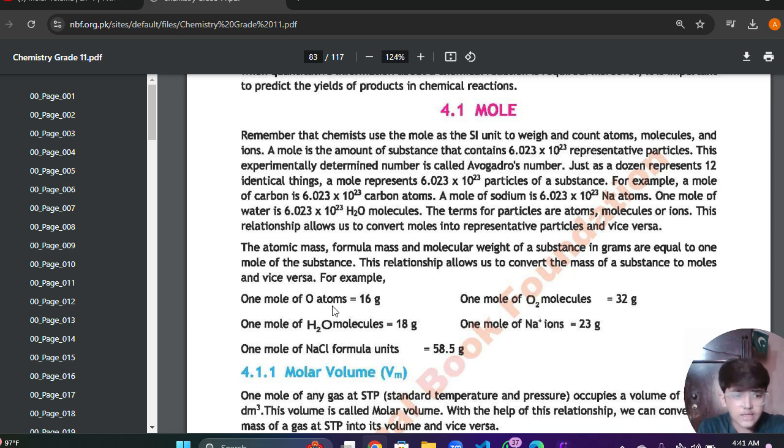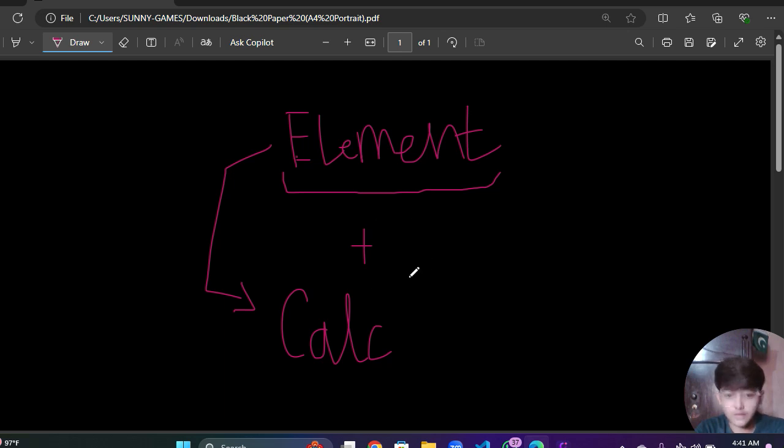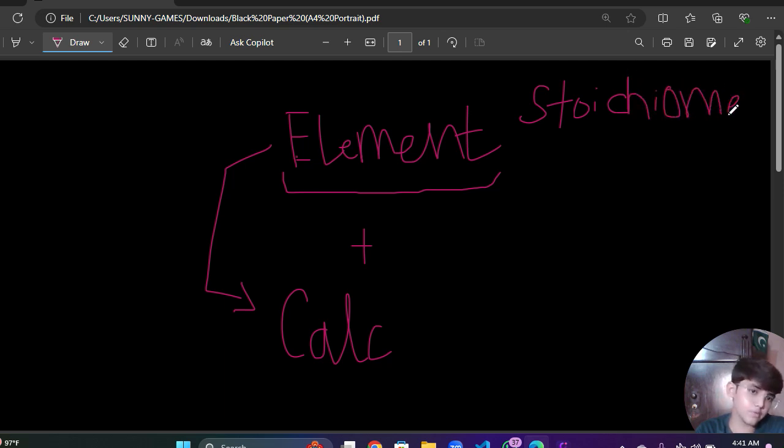Indirectly, these are going to be formulated by only one formula. Now let me just teach you that one formula. What is that formula? Now just consider this formula as the base of this chapter, that is stoichiometry. Let me just write it here. Perfect.